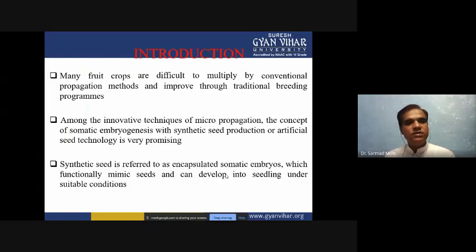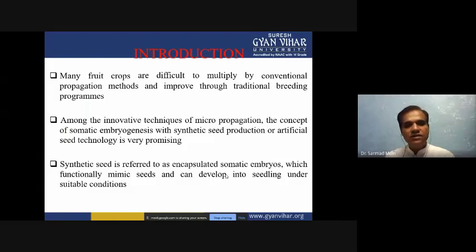Among the innovative techniques for micropropagation, the concept of somatic embryogenesis with synthetic seed production or artificial seed technology is very promising. So these cultured embryos from somatic embryos we can utilize to produce the artificial seeds.